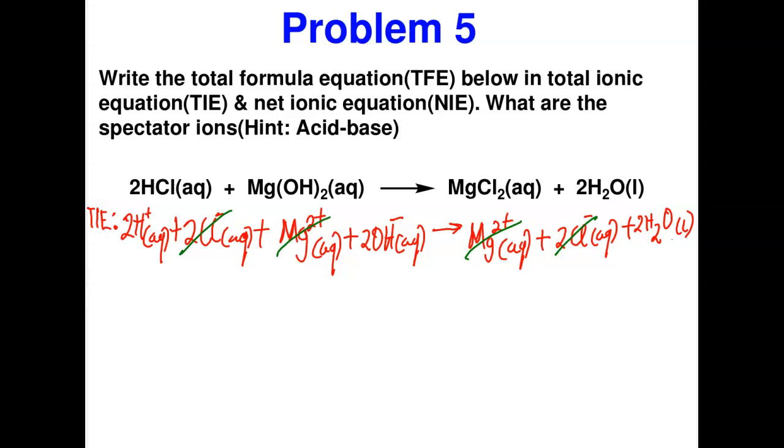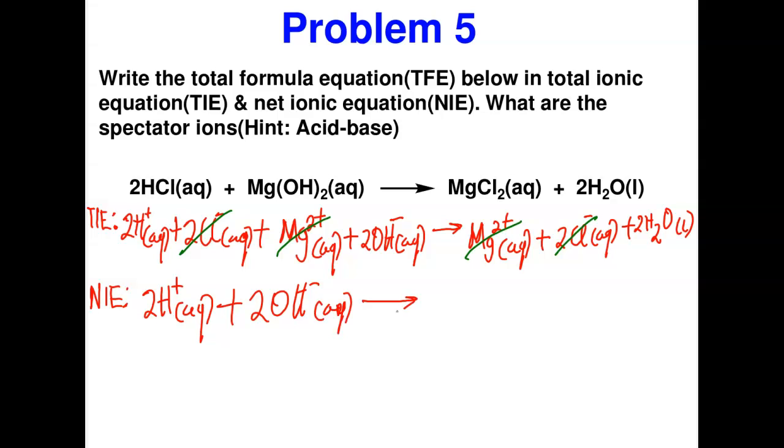So if we're going to write, of course, the net ionic equation, what are we going to have? We've removed those, so we're going to come in with 2 hydrogen ion aqueous on this side, plus 2 OH ion aqueous on this side, to give us 2H2O.